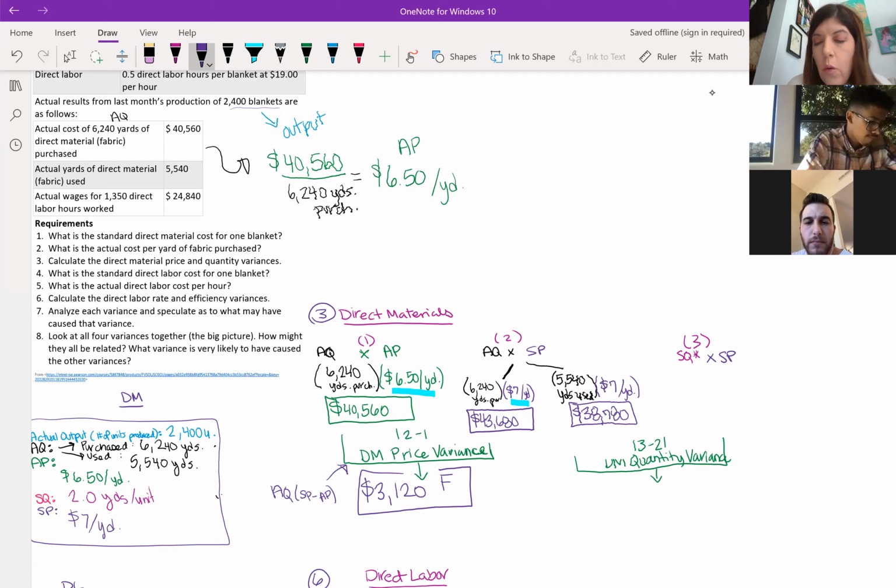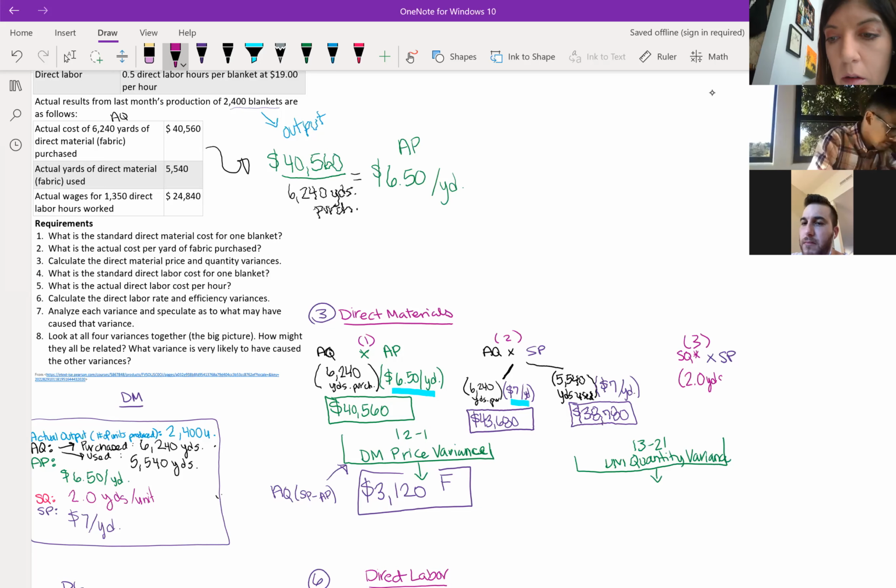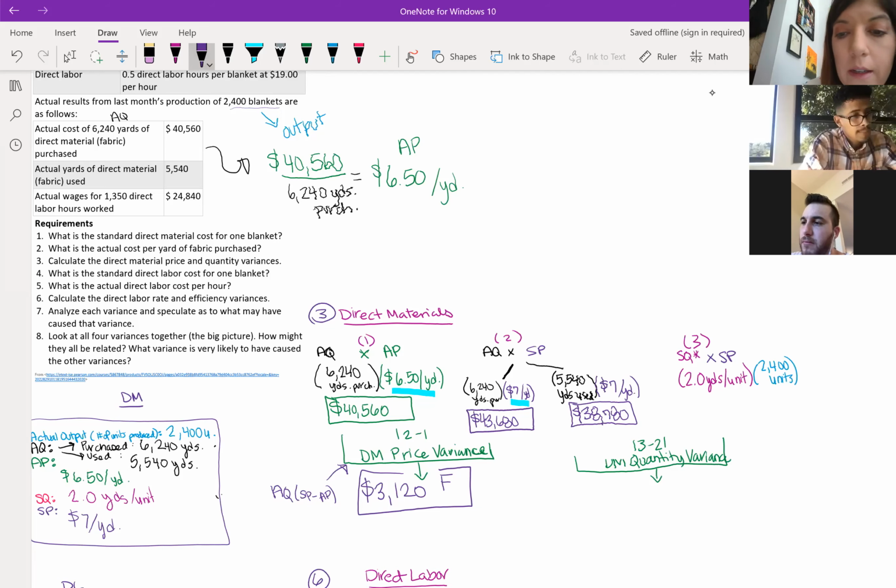For my standard quantity allowed, we're going to take our standard quantity per unit, which is 2 yards per unit, times the actual output, which is 2,400 units at the standard price of $7 per yard.